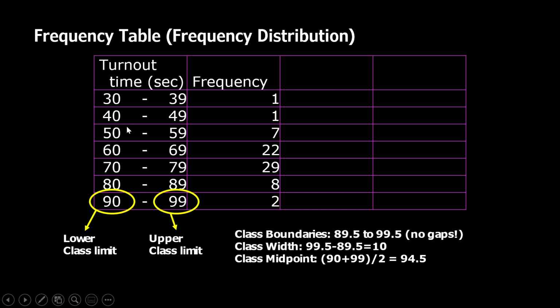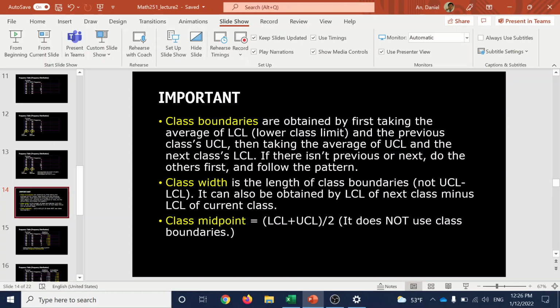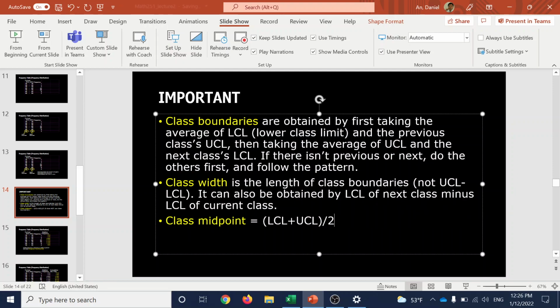So that's another way to get it. And finally, the class midpoint is you take the average of the class limits. And what I wrote here is wrong. You can also do this by taking the average of the class boundaries.